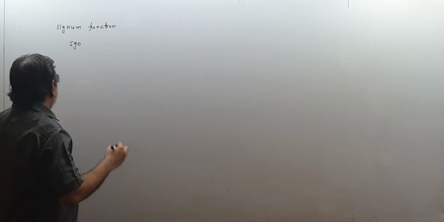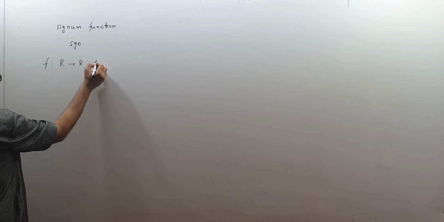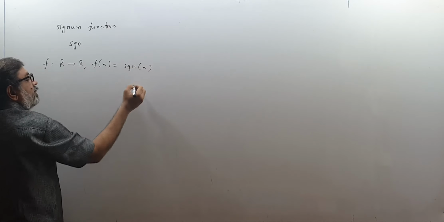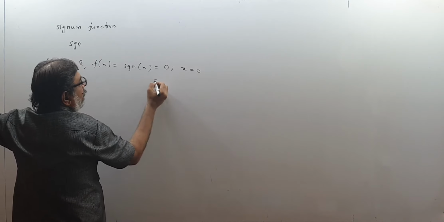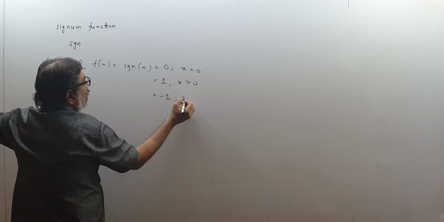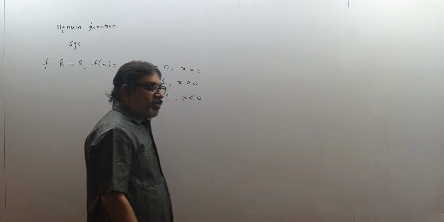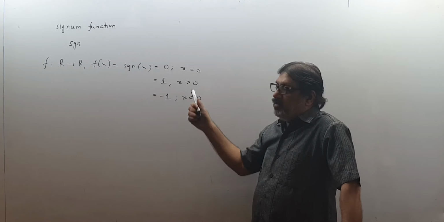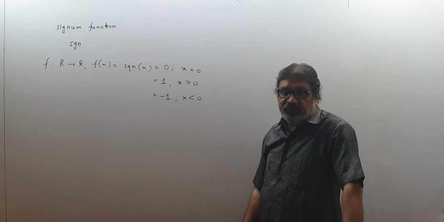So, what is this function? f is a function from R to R, and f(x) is signum x, and that is equal to 0 whenever x is 0, 1 whenever x is positive, and minus 1 whenever x is negative. So signum x will always remain 0 for x equal to 0, 1 for positive numbers, and minus 1 for all negative numbers.